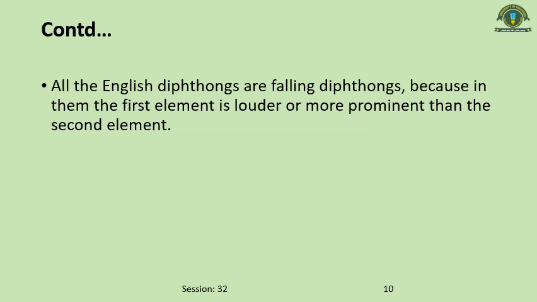Oh, the first one is dominant. So now you're in the position to understand that all the English diphthongs are falling diphthongs. Why? Because the first element in each and every diphthong is louder, or more prominent, than the second element.